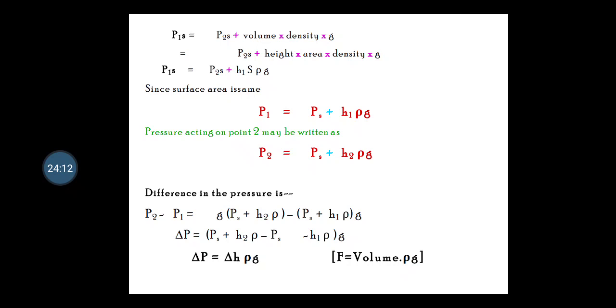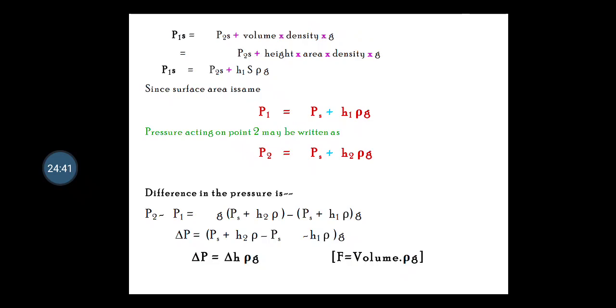So delta P is equal to PS plus H2 rho minus PS minus H1 rho, bracket complete, g. The final equation is delta P is equal to delta H into rho into g, where F is equal to volume into rho into g.